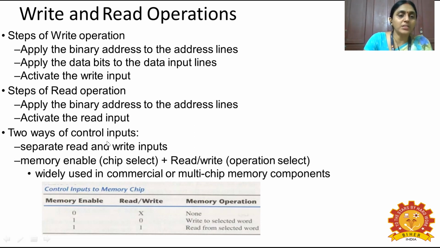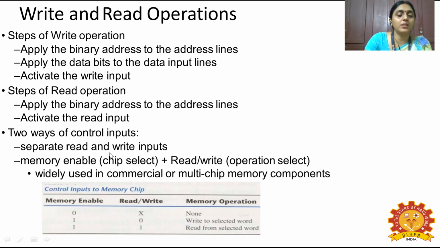There are two ways of control inputs: separate read and write inputs, or memory enable (chip select) plus read or write operation select, which are widely used in commercial or multi-chip memory components.